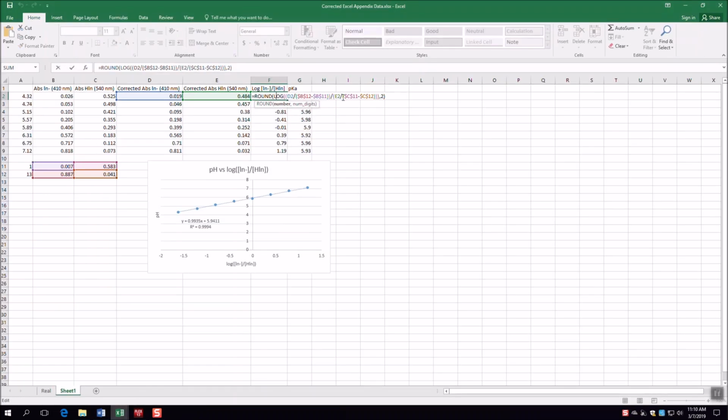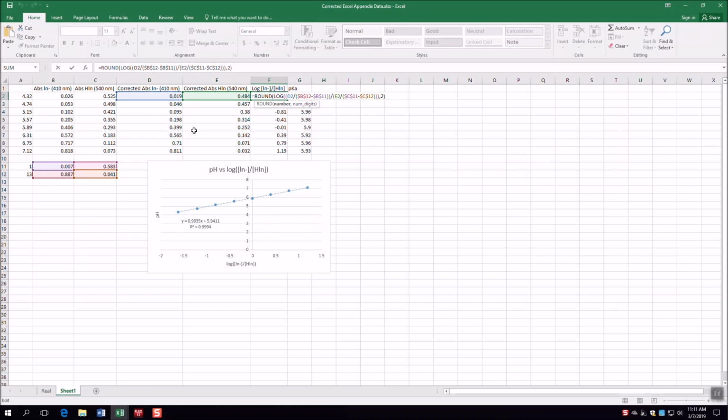Now in the denominator I did the exact same thing. I took the absorbance of the HIN and divided that by the absorbance of HIN corrected for the blank value as well. I took the HIN absorbance when the solution is fully in HIN form at pH 1, and subtracted out the absorbance at that wavelength at pH 13, when there should be no HIN present in the solution.